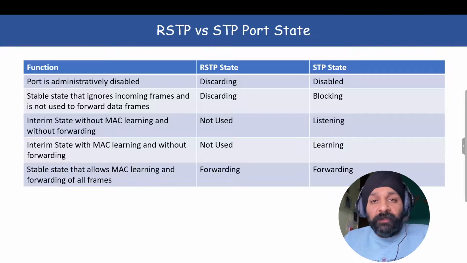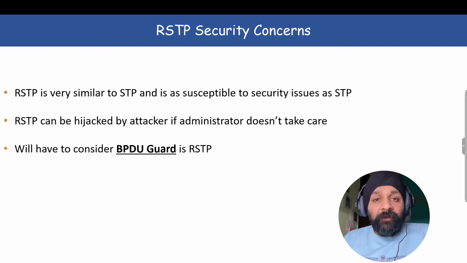RSTP does not use listening or learning, although RSTP will still flush out the stale MAC addresses that are in the table. So don't think that RSTP will not flush out the old, stale MAC addresses. That will still happen. That feature is still existent in RSTP as in STP. Old stale MAC addresses will be flushed out when the ports are switched from the root port to the alternate port. Like spanning tree protocol, rapid spanning tree protocol is susceptible to security issues.